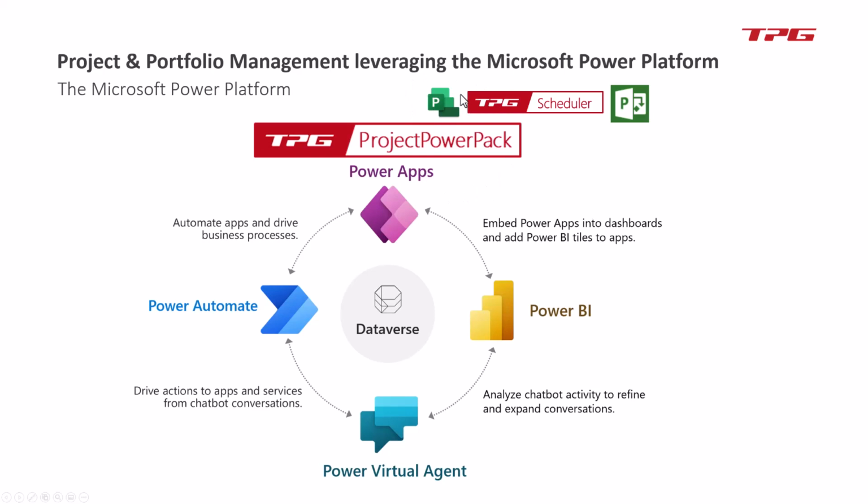We can start off with Project for the web with some more simple, straightforward projects, moving through to TPG Scheduler, where we have a bit more of a heavyweight tool, and then of course up to the really complex, very large and complex projects with Project Online. What's great about this as well is we can overlay this on top of existing Project Online deployments. These are the versions which are available so far, but certainly more will be coming in the future.